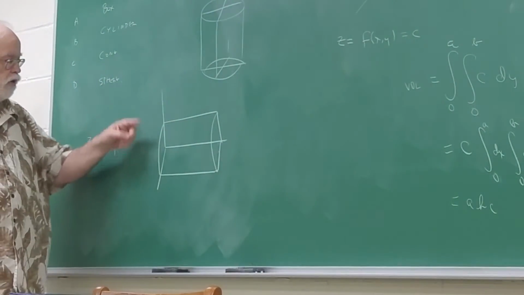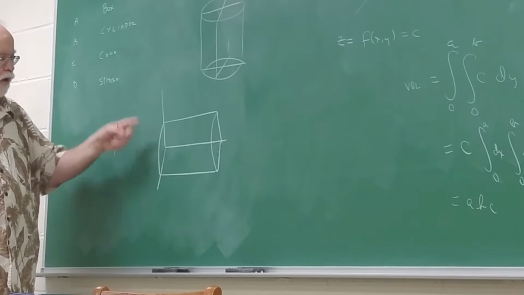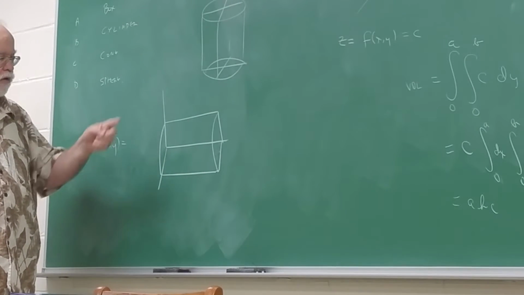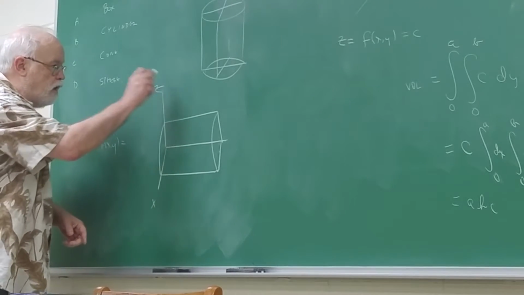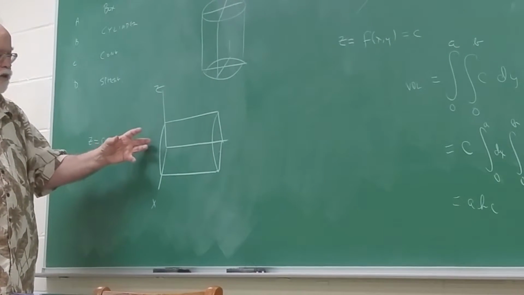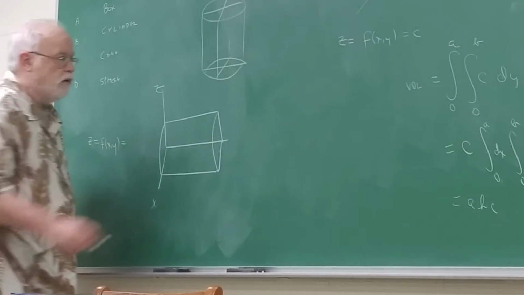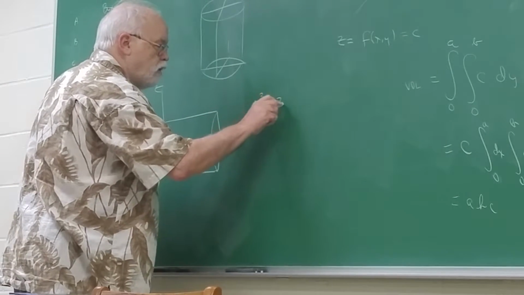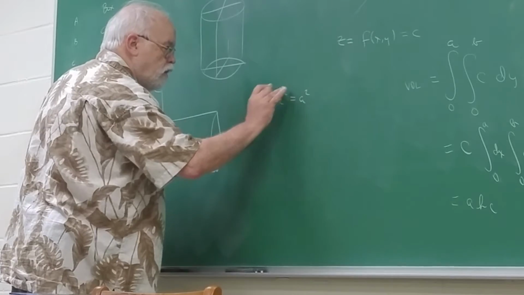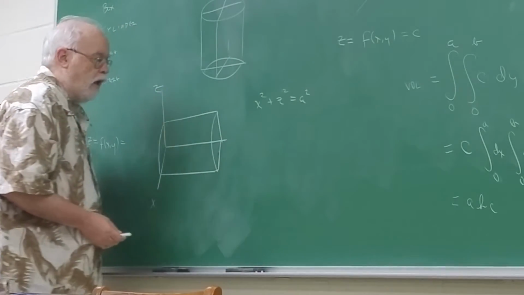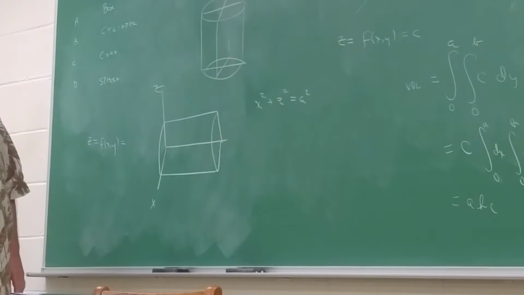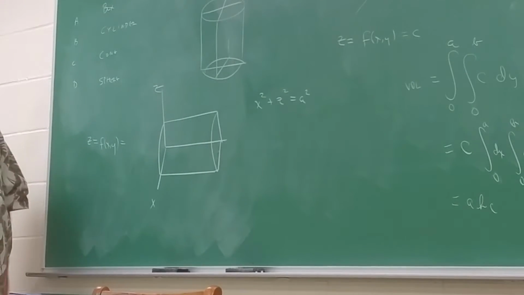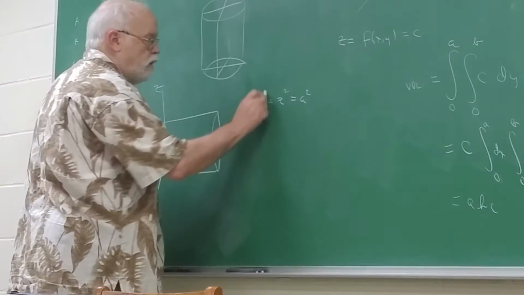So this quarter circle is part of a complete circle. What's the equation of that complete circle? Which plane is this? So what's the equation of the circle? x squared plus z squared equals a squared. Yep. And now I want to solve that for z because I need a function of x and y.